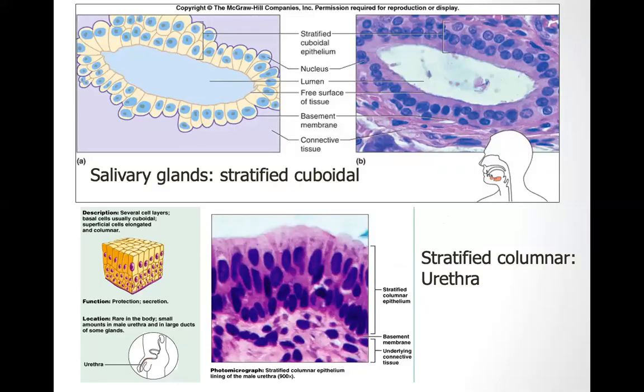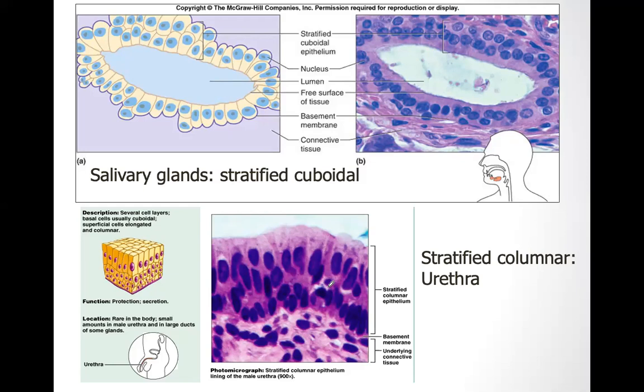Okay, so here's an example of the stratified cuboidal and an example of the stratified columnar cells. These two types of tissue, we don't even look at them in terms of histology in your lab, because they're so rare in our body.